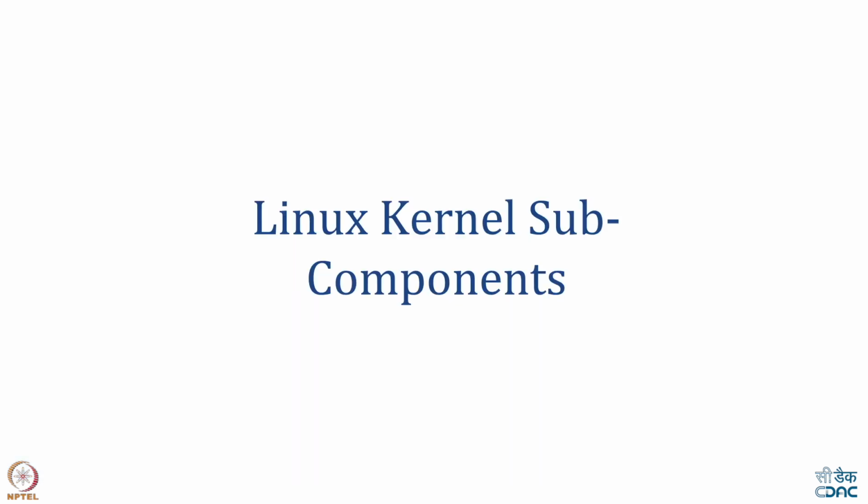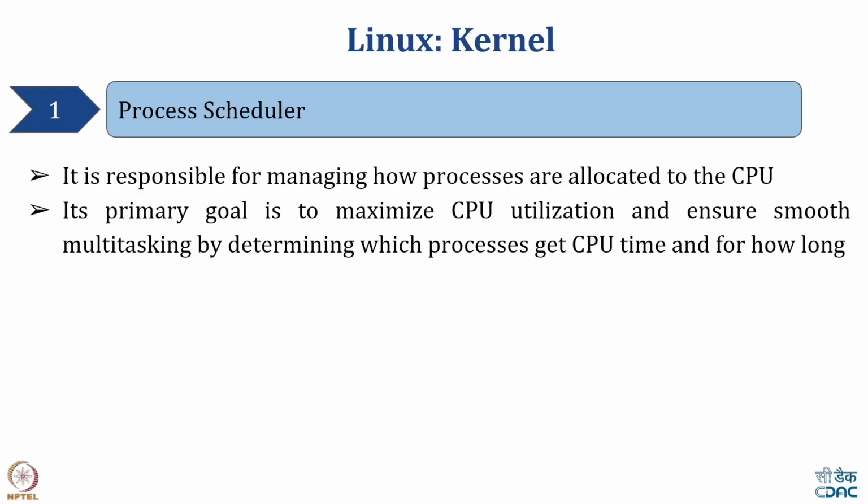So, I hope you understood the basic concept of Linux, how it actually performs the crucial role in the operating system. Now, let us try to understand some subcomponents of the Linux kernel. Very first is the process scheduler.